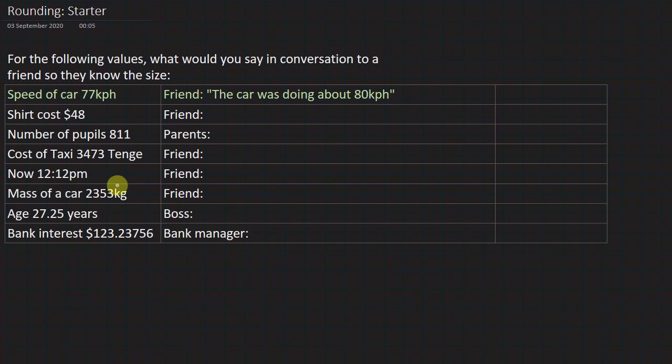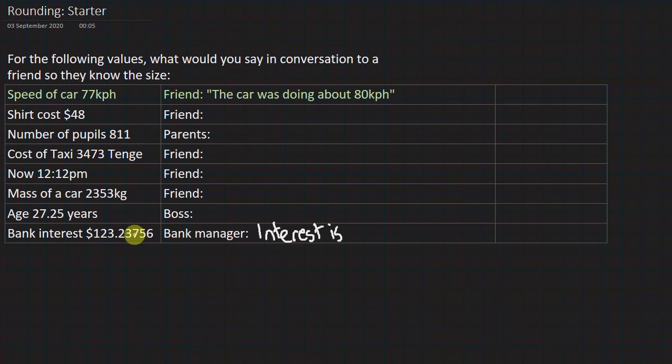The interesting one is this bank interest with a bank manager. You want to be quite accurate, but most currencies have a major unit and a minor unit. Most minor units are hundredths. So with the bank manager one, what you'd like to be able to do is say my interest, or the interest I calculated.